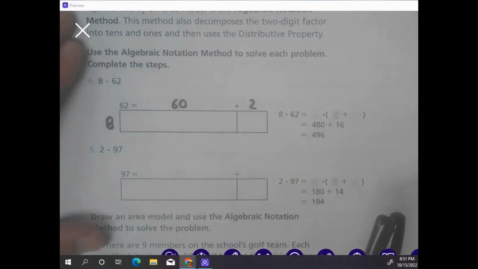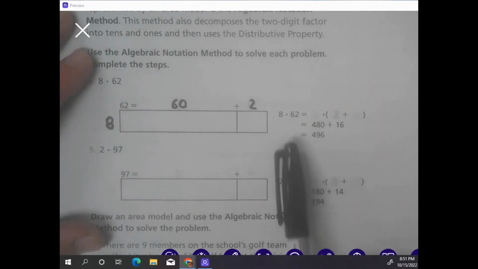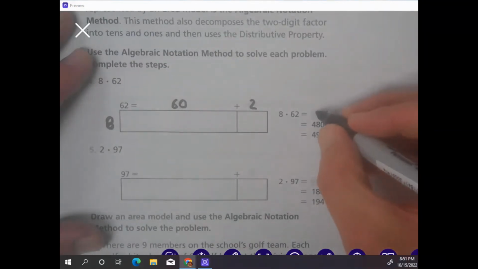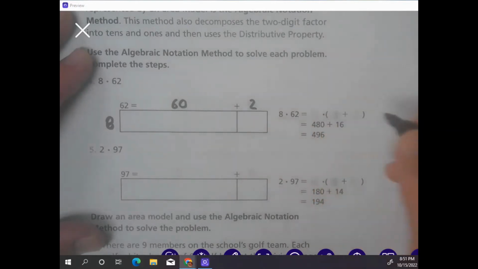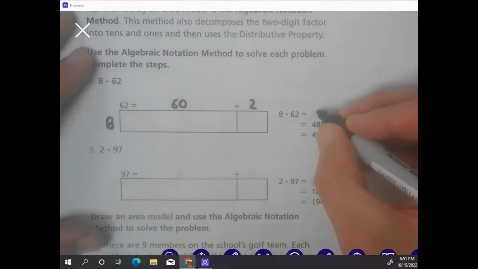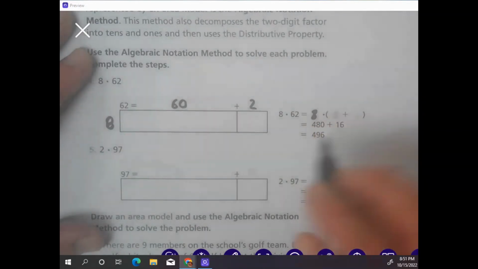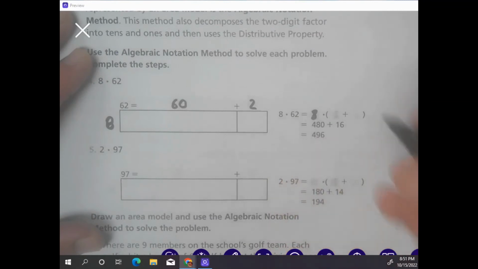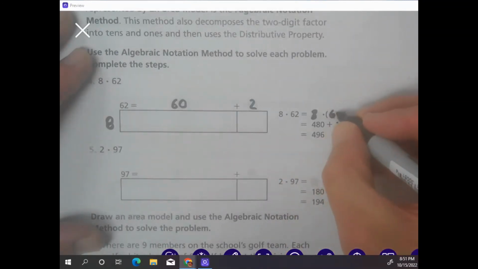And then using our algebraic notation method, you can see this little dot here is the same as multiplying. So 8 times 62, and we're going to make the sentence on this side equal to it. So I'm going to put my 8 here, so 8 times, and then I'm going to use my expanded notation, 60 plus 2. I'm going to put that here.